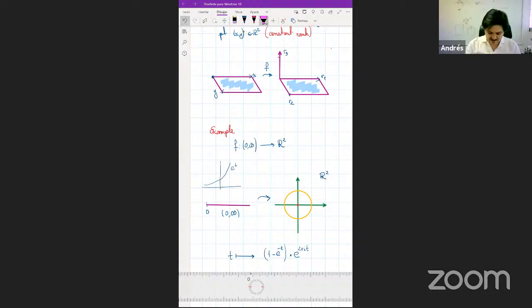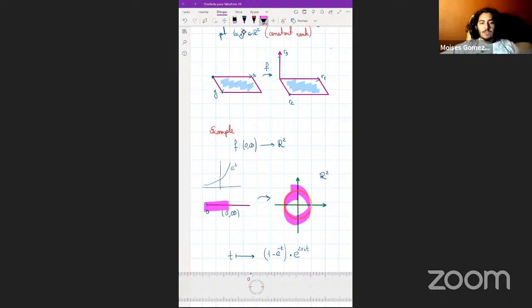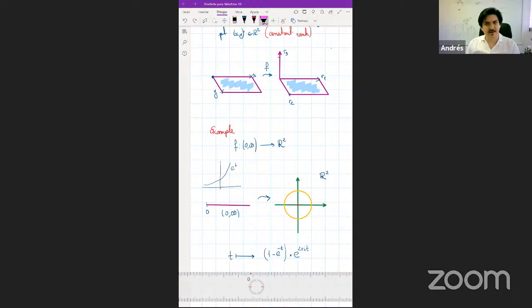But I think you are doing the opposite, right? When I'm approaching 0, I think you are approaching the yellow circle. I know, that's why it has the e to the minus t, because at t equals 0 it has e to the 0, which is 1, minus 1. Then it starts at 0 and it starts growing.